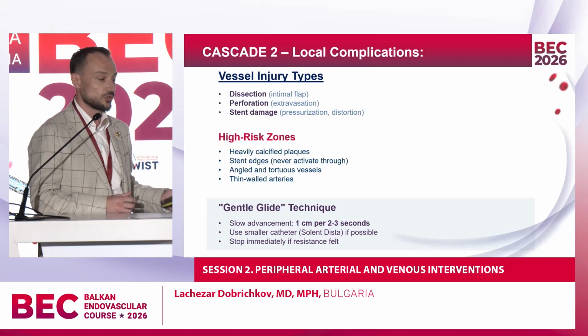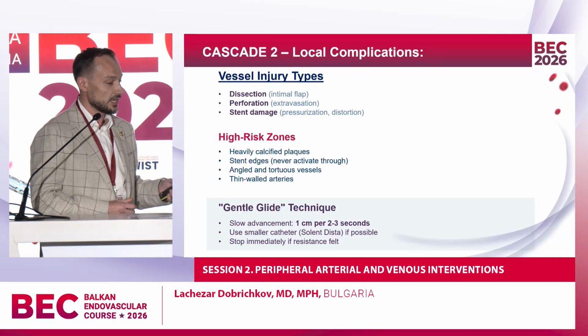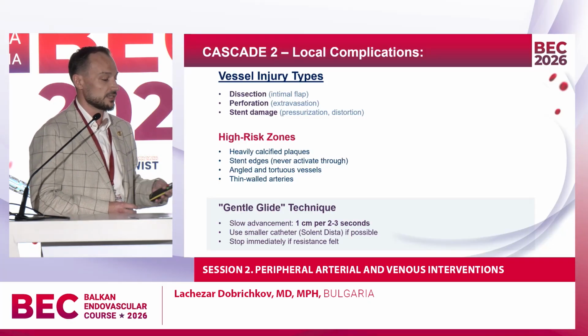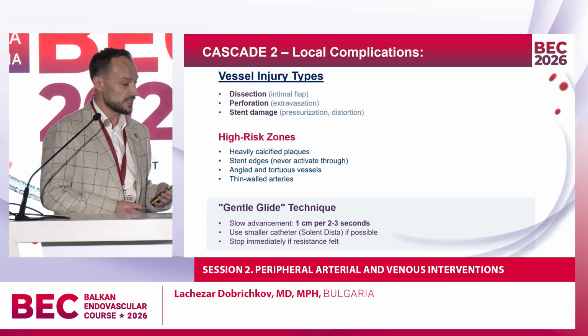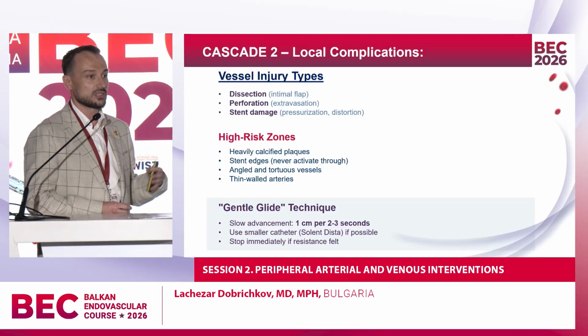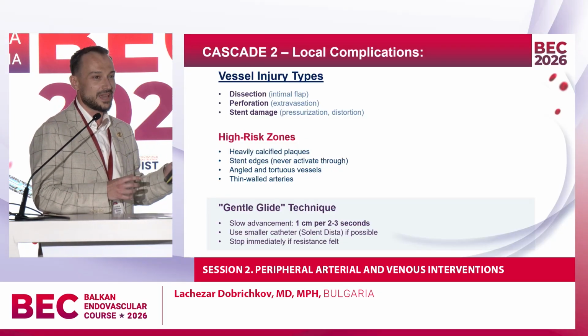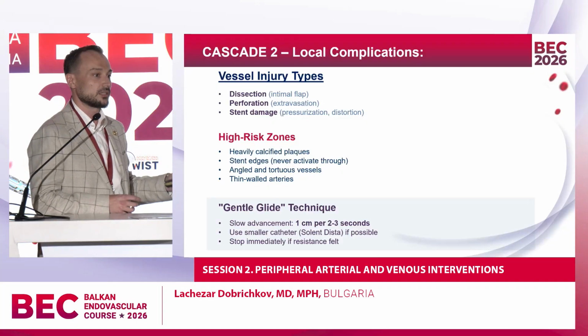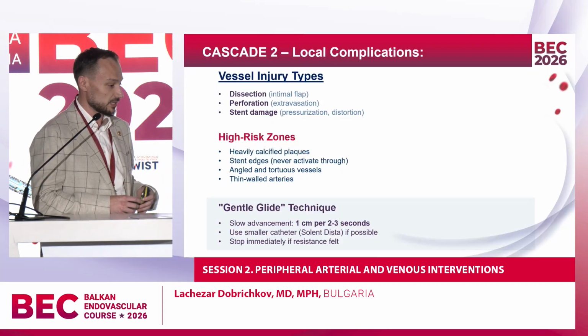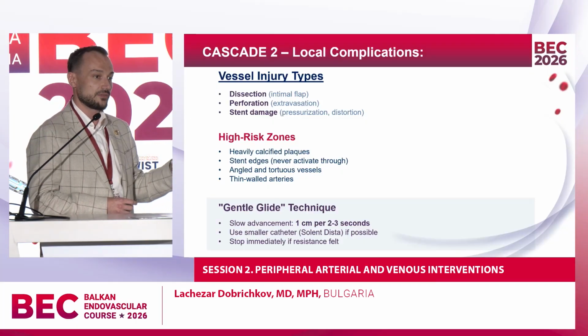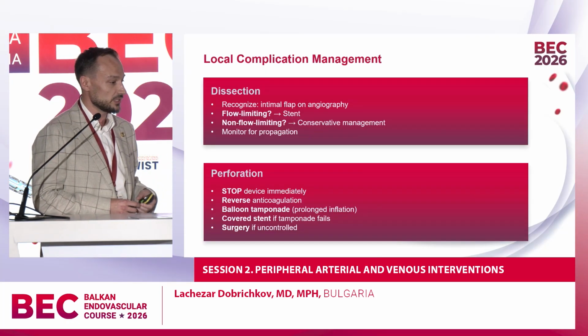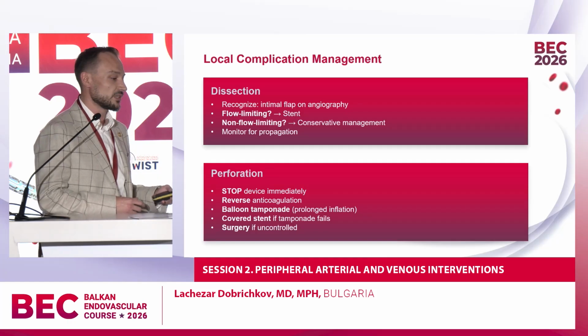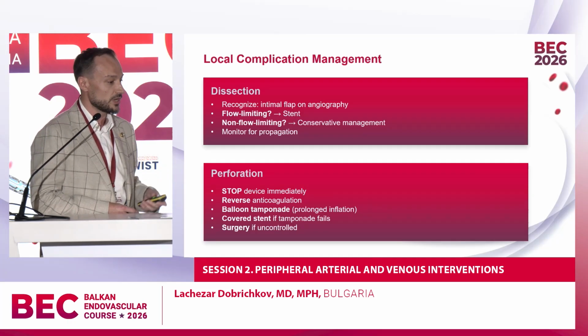So we should always use the gentle glide technique, which is slow advancement of 1 centimeter every 2 to 3 seconds. Also, we should use the smallest possible catheter which is able to extract the thrombus, if that's possible. And if we feel any resistance, we should stop, readjust the catheter, and after that proceed with the thrombectomy.